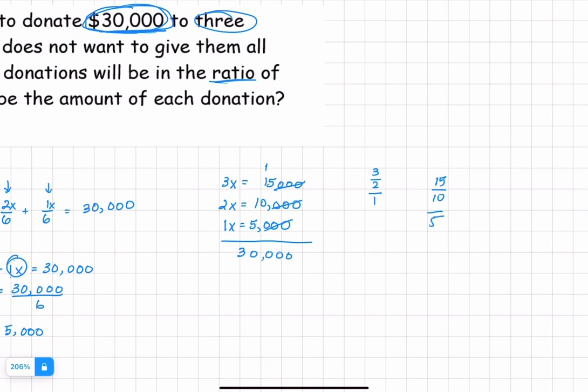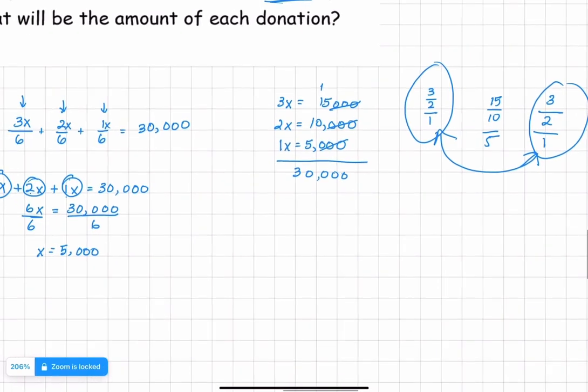And then 5. So when you simplify this, they all have a common multiple of 5. So 5 times 3 is 15. 5 times 2 is 10, and 5 times 1 is 5. So obviously this is the correct answer because they do match up. Great.